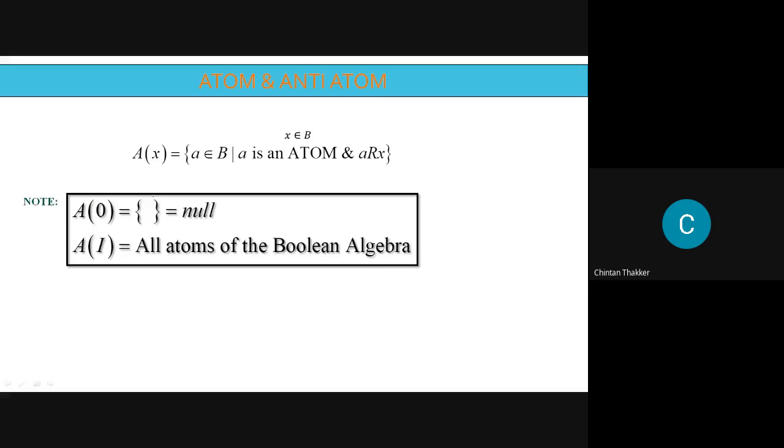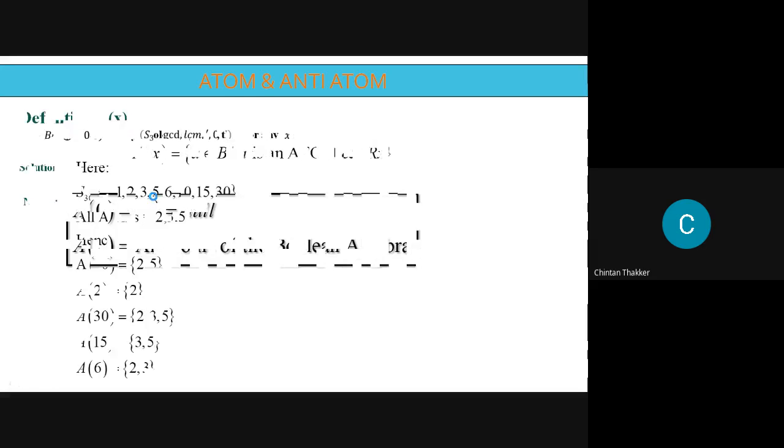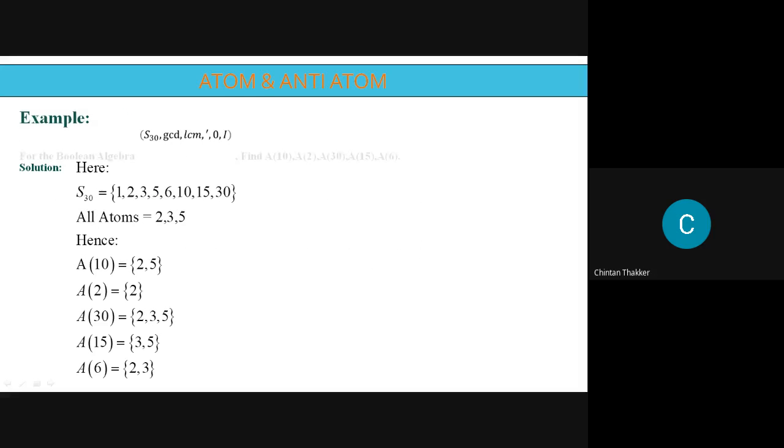Then we define the set A of X, where A of X is the set of A belonging to the Boolean algebra B such that A is an atom and A is related to X. So if we take S30 here, the atoms are 2, 3, 5.